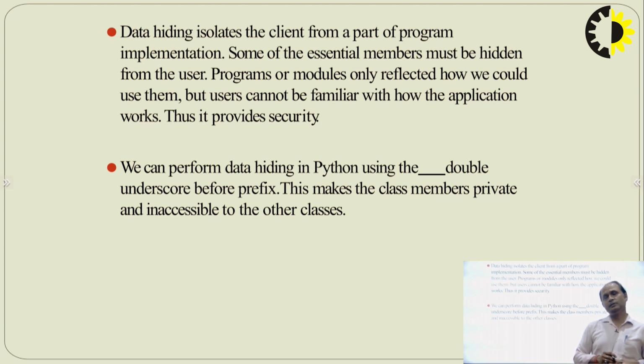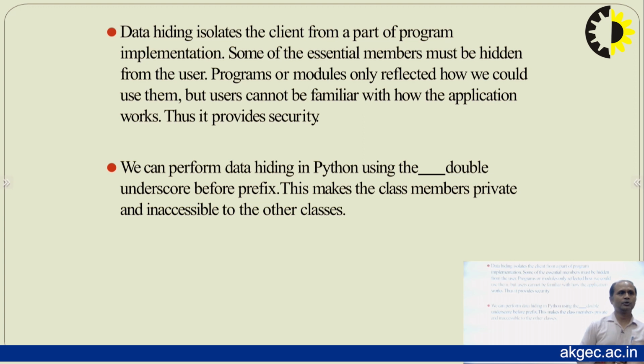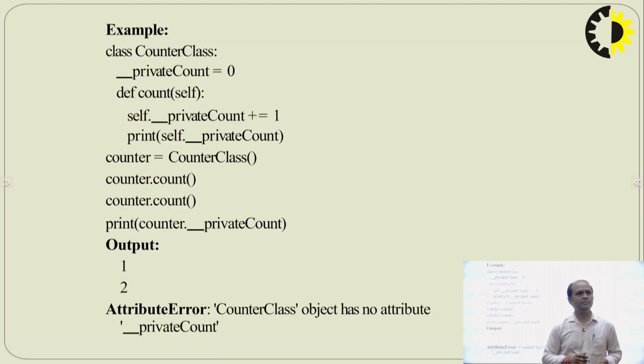It is provided for security purposes. We use the data hiding concept for security because the common user does not access all the modules of that particular software. So it is a concept where we hide some data from unauthorized or common users.